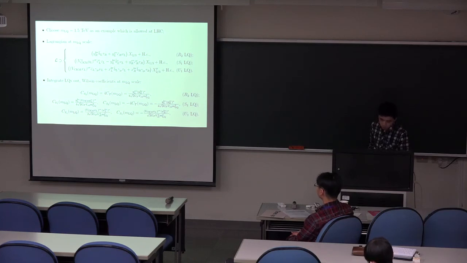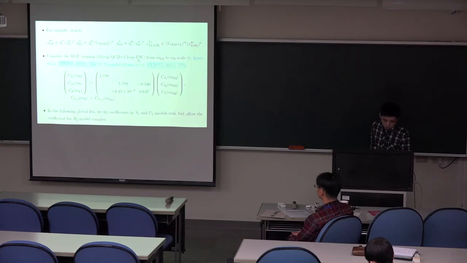This is the interaction and the coefficient at the Lepto-Quark scale, and we perform the RG running to the B-Quark scale. The anomalous dimensions are already calculated in this paper, so we just use it to perform a running and then obtain the Wilson coefficient at MB scale.